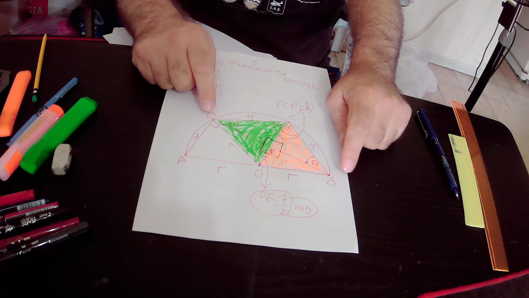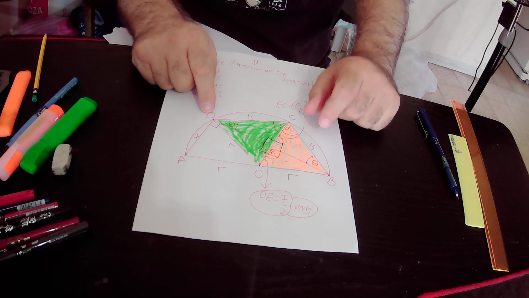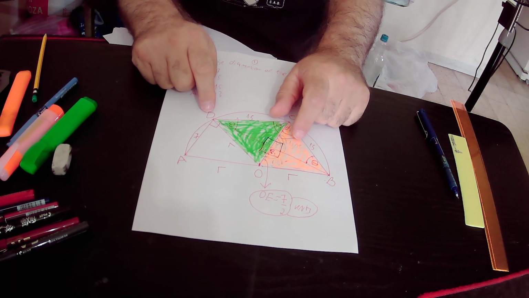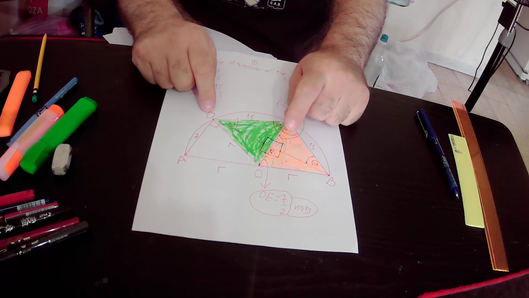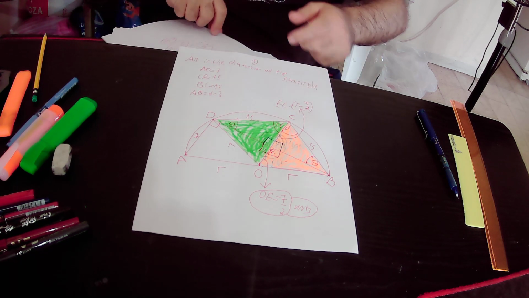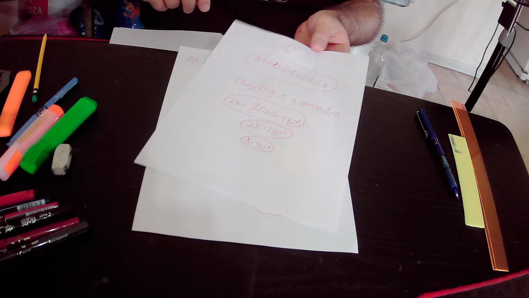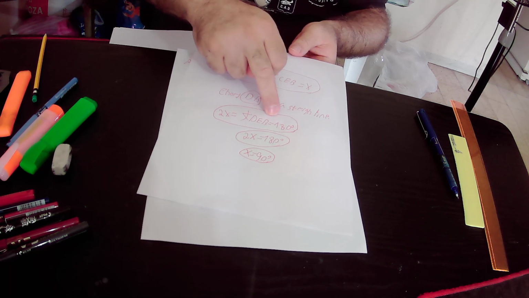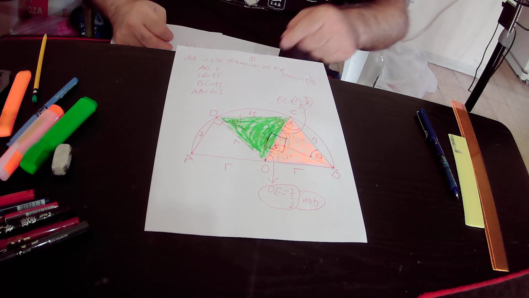So from one side we know that angle DEB equals 180 degrees.